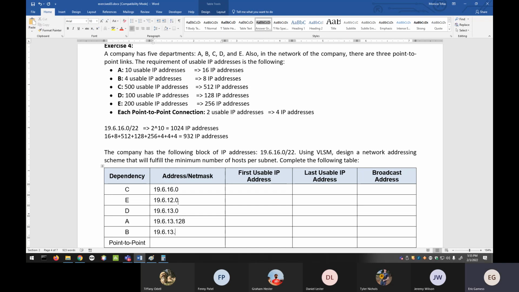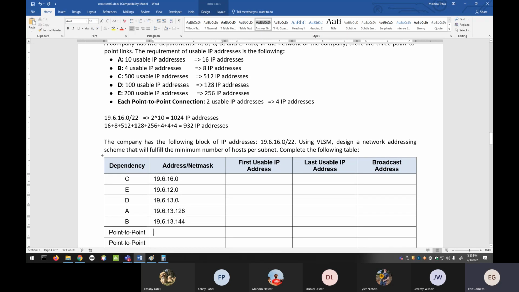So 128 plus 16 will be what? 144. Okay, B has 8 IP addresses, so the first point-to-point should start where? So 144 plus 8.